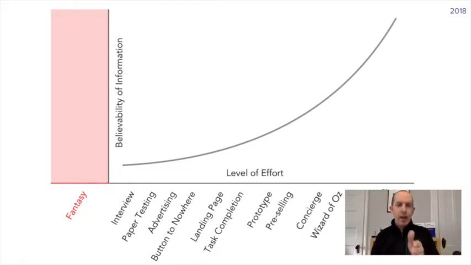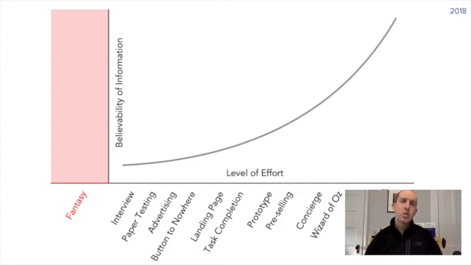Paper testing an idea is an interesting way of just getting ideas out there. Those marketing promotional materials that we talked about can be interesting. But as I mentioned before, you have to take the data of how successful your experiment is going with a bit of a grain of salt. Concierge and Wizard of Oz experiments, because they're more experiential, a little bit more robust, a little bit bigger, I think are more believable.